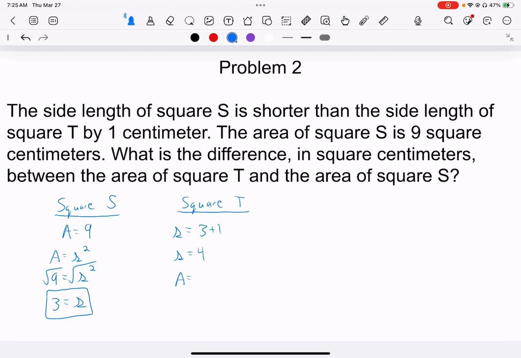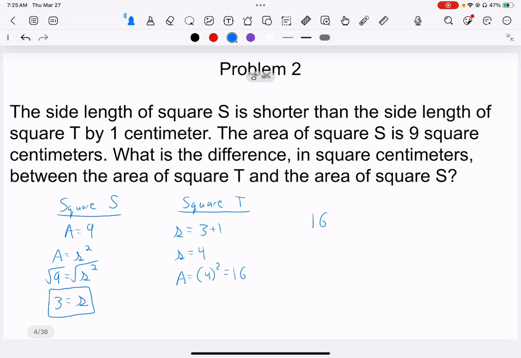So I can find the area for square T by squaring it and getting 16. And now since we want the difference in the areas, I subtract them. 16 minus 9 is equal to 7. So the difference between them would be 7 squared centimeters.